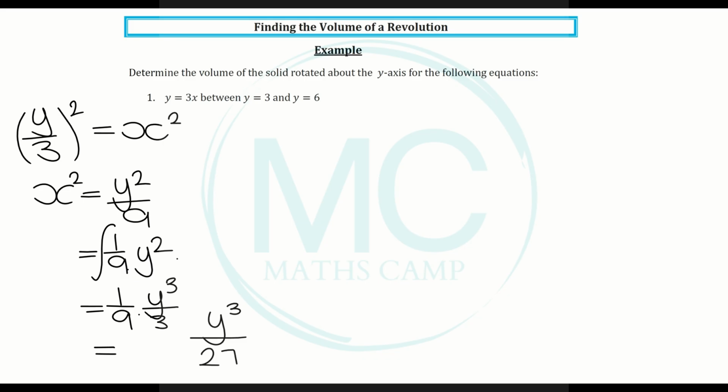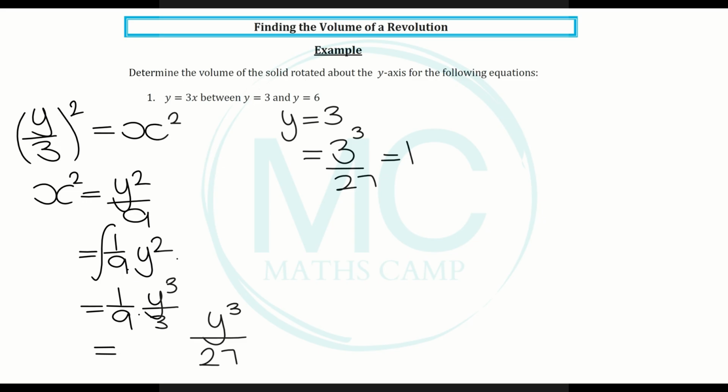Now we can substitute in the given y values. So let's start when y is 3. And this becomes 3 cubed over 27. 3 cubed is 27. So now we have 27 over 27, which gives us 1.